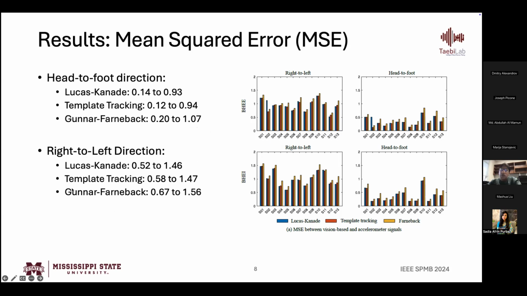For the right-to-left direction, MSE was generally higher, ranging between 0.5 to 1.46 for Lucas Kanade, 0.58 to 1.47 for template tracking, and 0.67 to 1.56 for Gunnar Farneback.